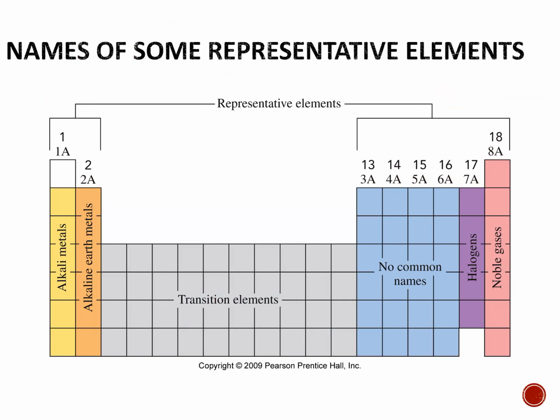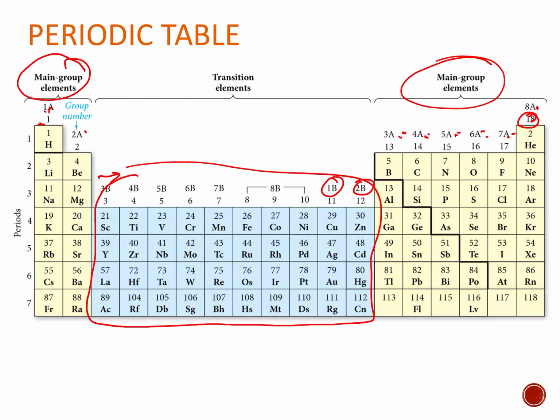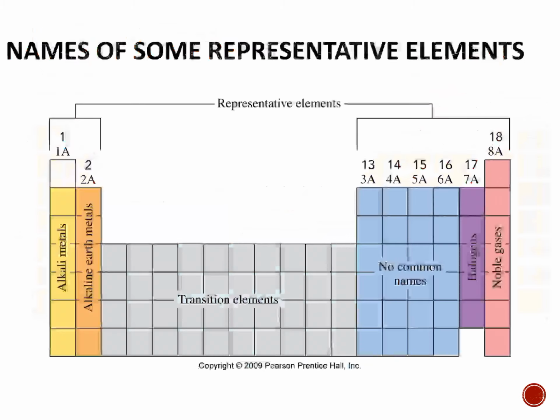So here are the names of some of the groups, and I do want you to know these. The representative elements are often called main group elements. Those are the same thing. Anything in group 1 or group 1A is called alkali metals. Group 2 or 2A is called alkaline earth. We talked about the transition elements in the middle.